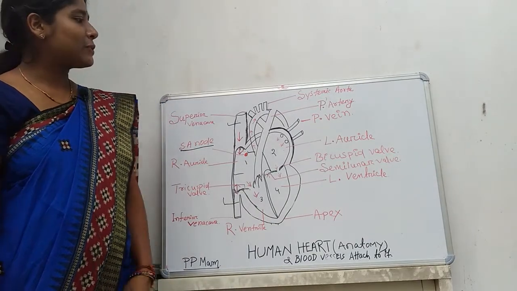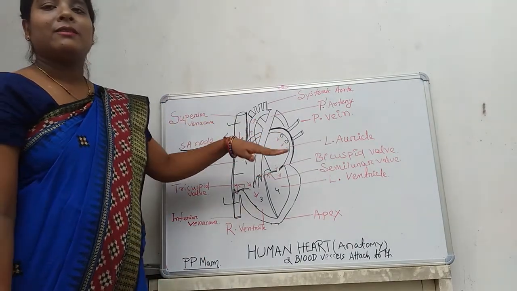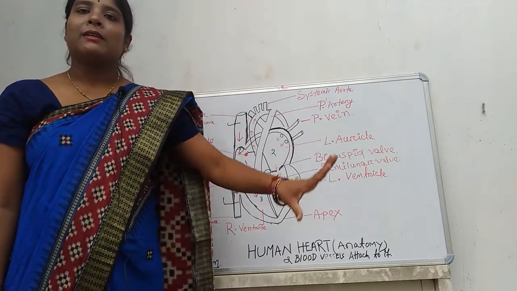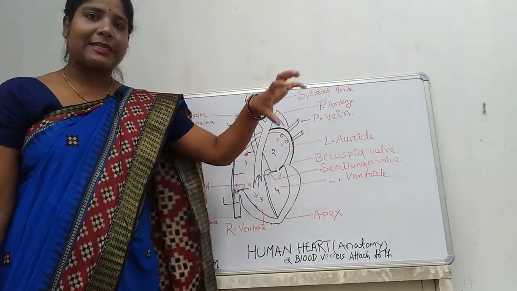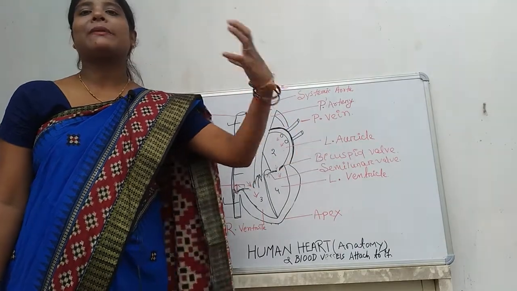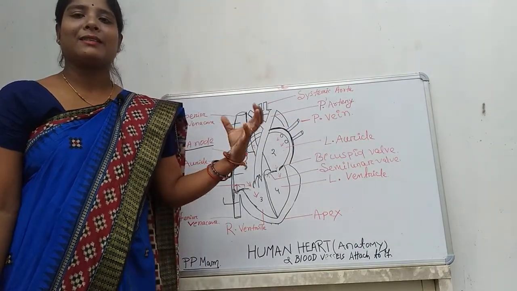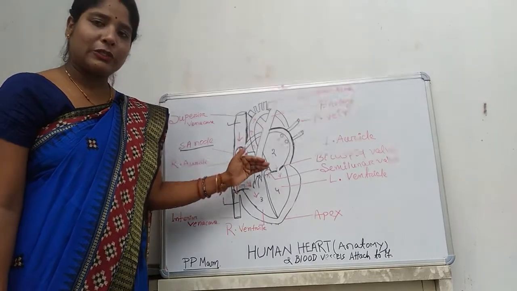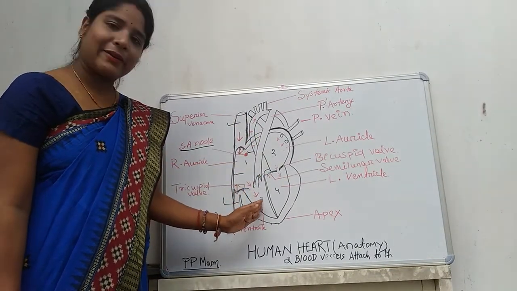Is it clear? So what is the circulatory path of the blood? The deoxygenated blood from the upper extremity and lower extremity reaches the right auricle. After that it goes to the right ventricle.